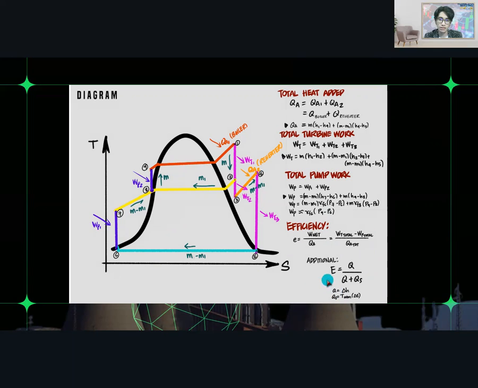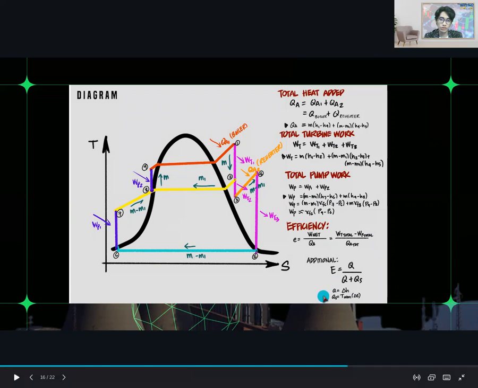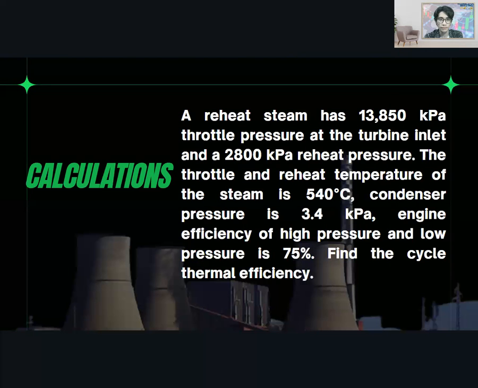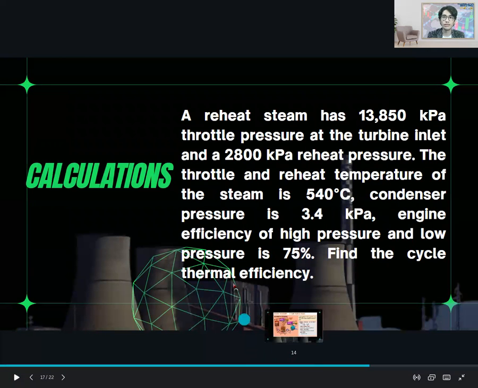Additionally, the efficiency is equal to Q over Q plus QS, where Q is the delta H and QS is equal to the total of delta entropy. So let's go to the calculations.